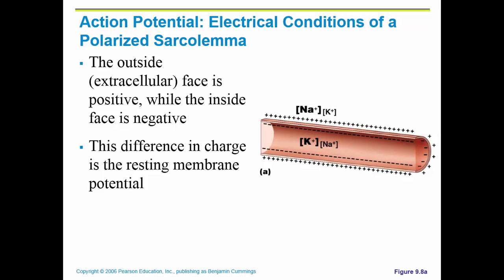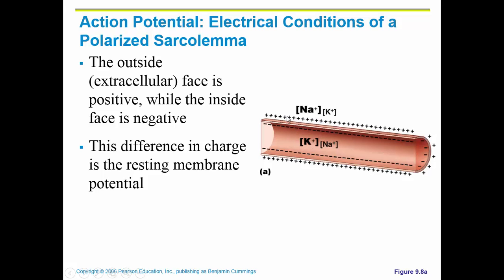So we talked a little bit about the polarization of the cell itself. If the cell is considered polarized, then it is in a resting position. Nothing is happening, there is no contraction, and everything is good. You can see that we have predominantly sodium on the outside of the cell. We do have potassium also, but we mainly have sodium outside, and mainly potassium inside.